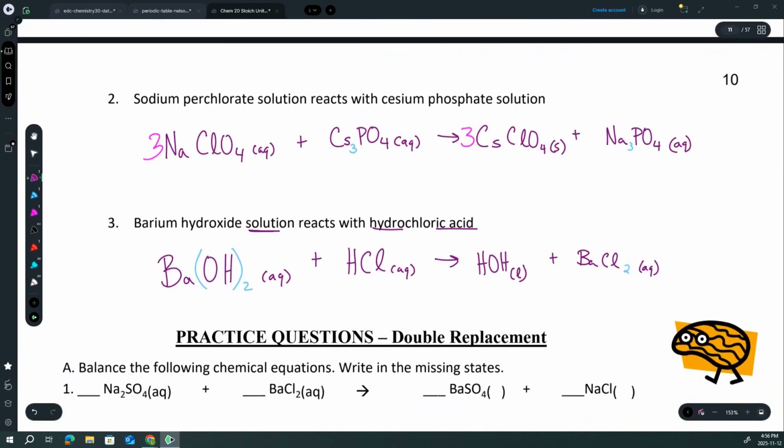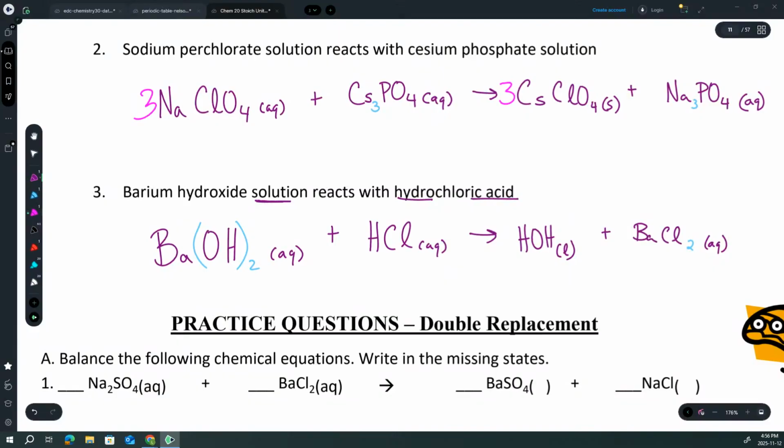Okay, so we have a skeleton equation right now. We need to balance it. So we have 1 barium coming in, 1 coming out. 2 hydroxides, only 1 hydroxide. So we're going to treat water as hydrogen and hydroxide. So 2 hydroxides coming in, I need 2 going out. So there we go.